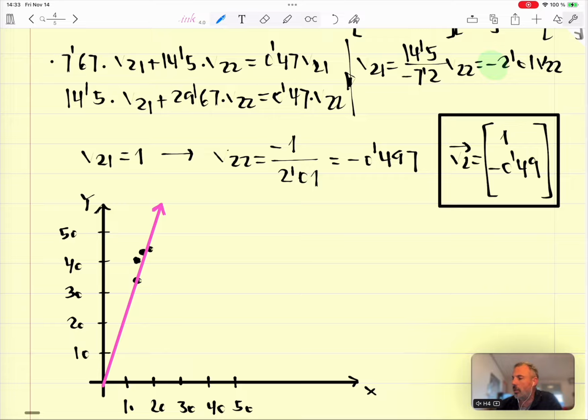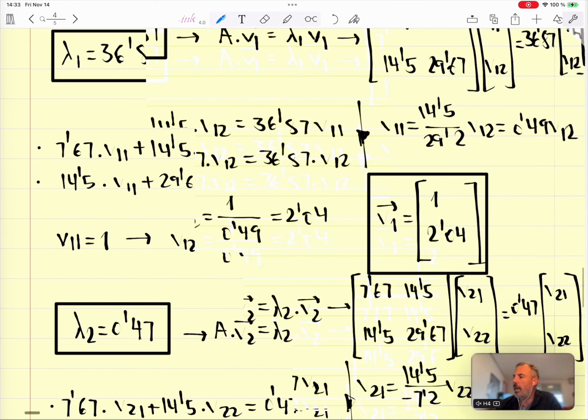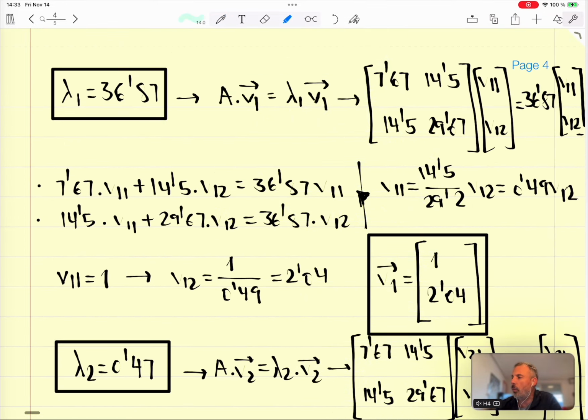So this is our V1, which is our principal component 1, which explains most of the variability. Why do we know? Because here we have 36 to 0.47. So 36 is way bigger, way higher.